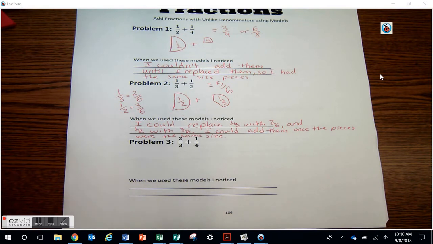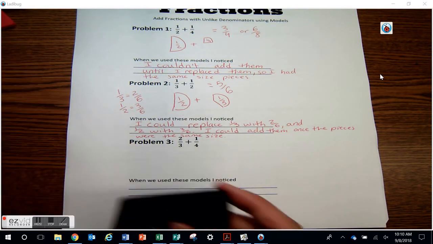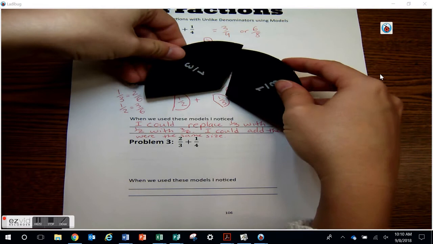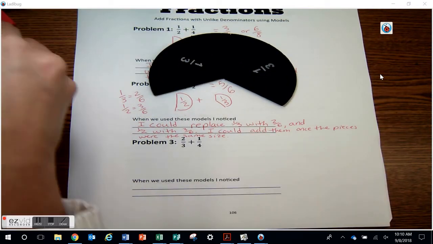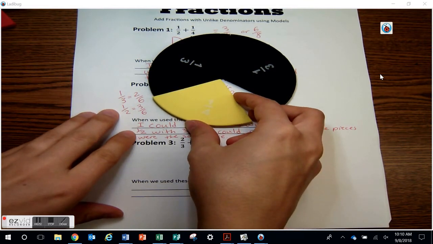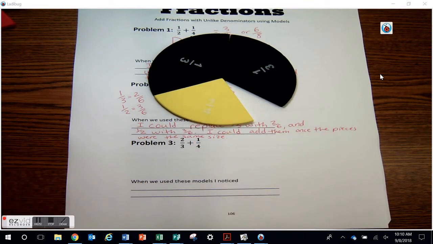This time, let's go ahead and do a different fraction. We're going to do 2/3 plus 1/4. Again, I don't know what that total would be. What size pieces do you think I would be able to use just by looking at the size pieces I'm starting with?